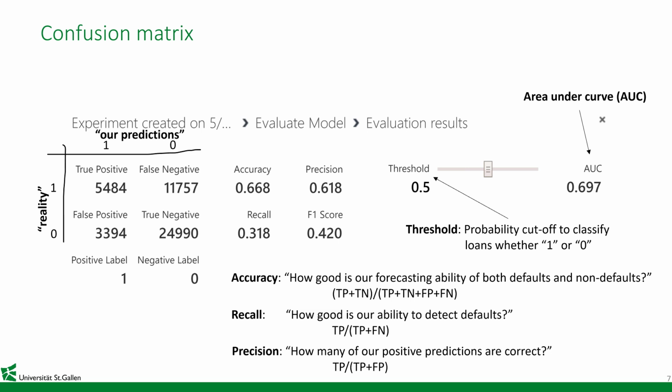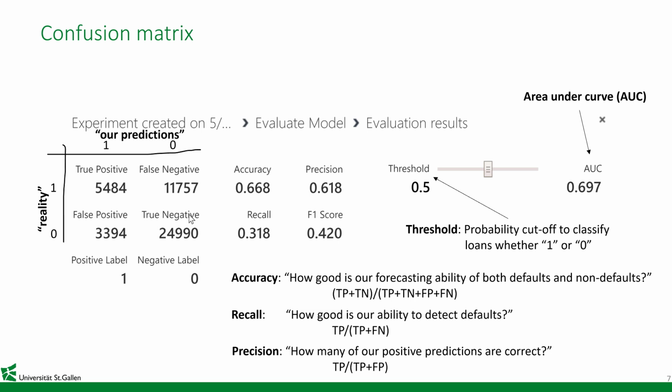Now, if we do binary classification, we have 4 outcomes which are possible. These are just indicated here in this 2x2 matrix, which is called the confusion matrix. So if we predict that our loan will default, and in fact it really defaulted, that's called a true positive. If we predicted that the loan will not default, and in reality it really didn't default, this is called a true negative.